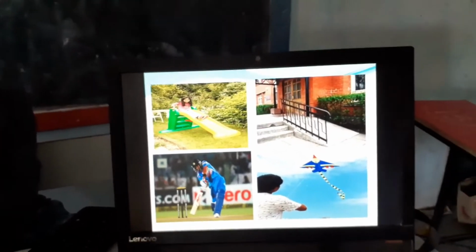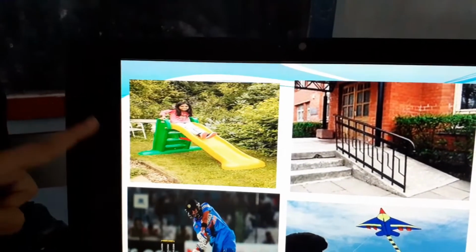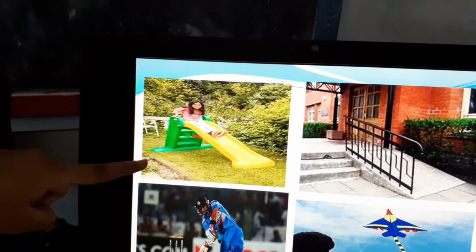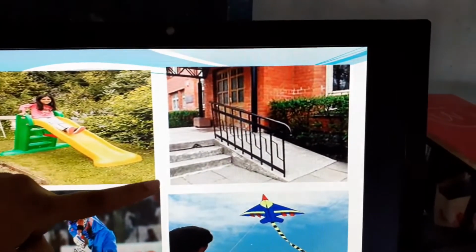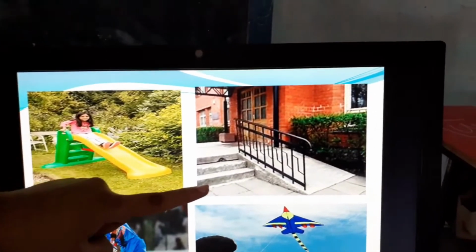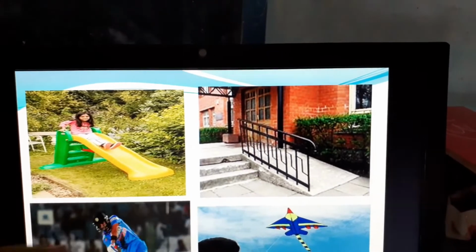In our day-to-day life, we observe slopes in different situations. For example, sliders in a garden where children enjoy sliding. The slider makes a certain angle with the ground and it has a slope. Ramps in our school campus where we walk is inclined to the ground and has a slope.